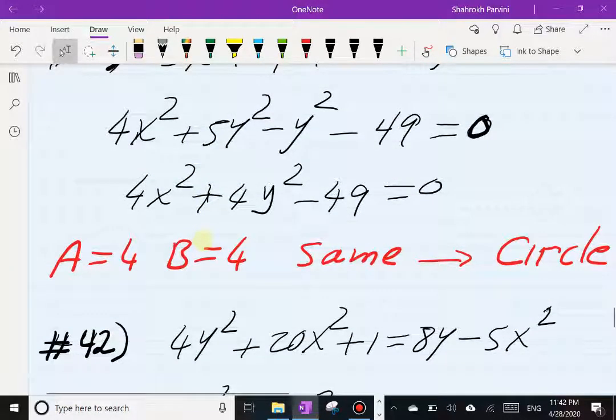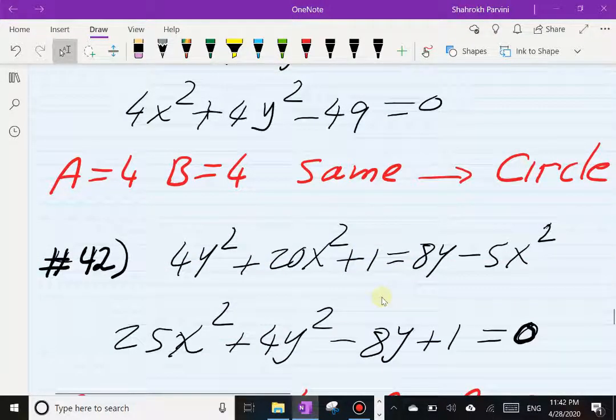And number 42. Now in number 42, because of the 5x squared on this side, first I moved it to the left. I brought 8y to the left also. And after I did, this is what I got. The 5x squared combined with 20 gave me 25x squared. And then I swapped the terms, the x squared and y squared, to get it in standard form.